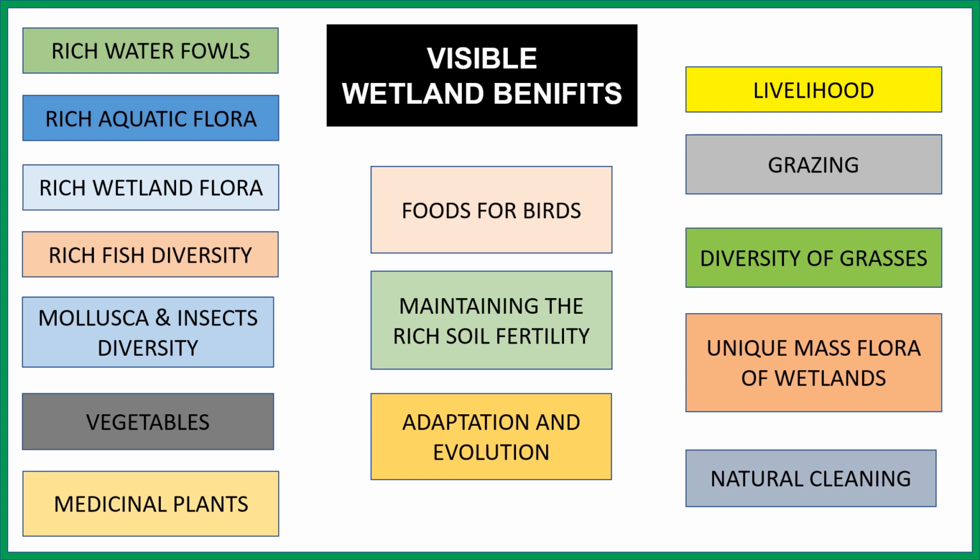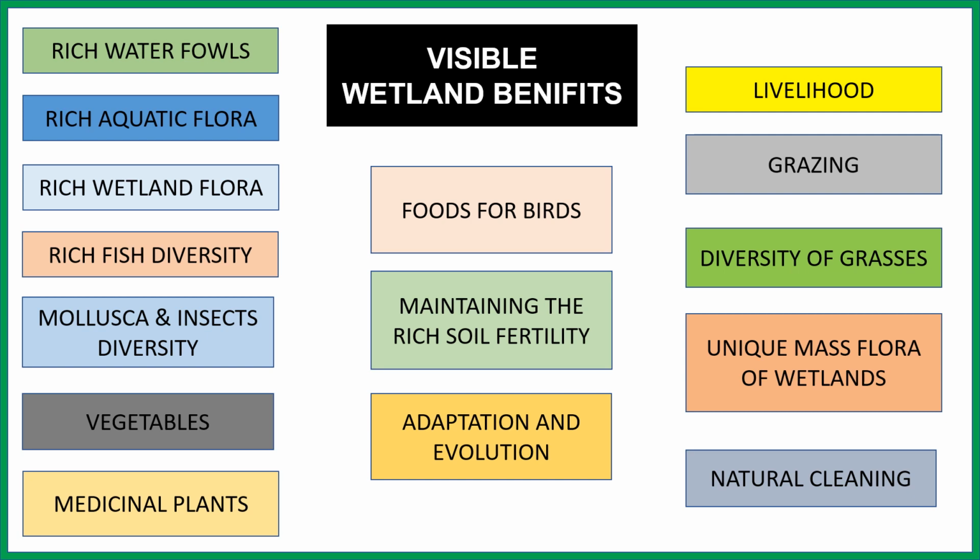We can get a huge lot of wild vegetables, wild medicinal plants, and foods for birds. They feed on so many things, so many nuts, so many insects, so many fishes.